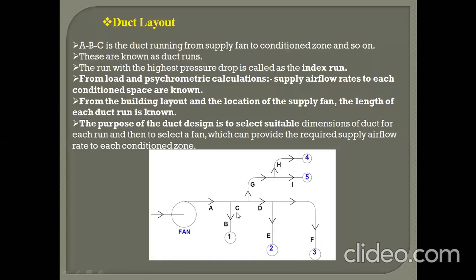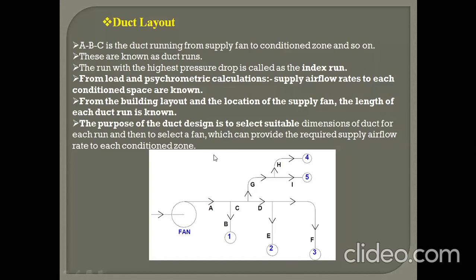These 5 rooms are at 5 different locations, so you have to convey this conditioned air to these 5 different locations with the help of ducts. And we have to design this duct network: the dimensions or diameter of the duct, the material, the selection, everything comes under this duct layout.